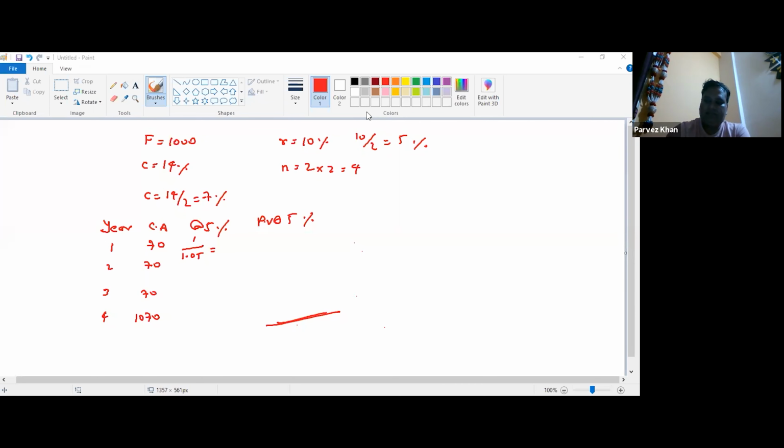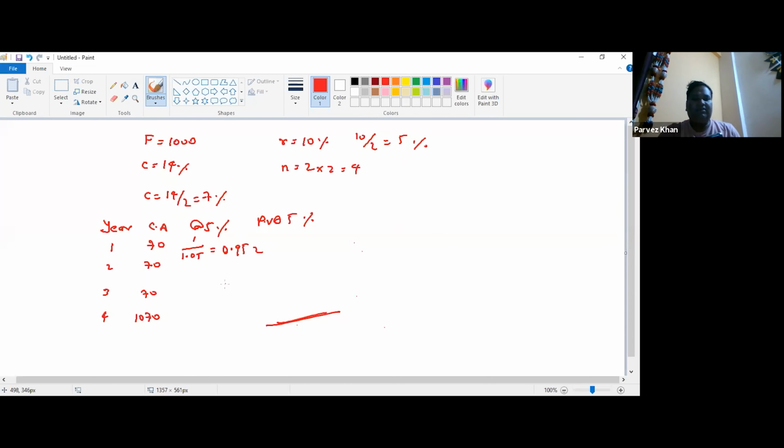Yes, we are getting 1070, sir. I'm not getting that. Somebody will post the solution. Please look into it. Just find out what 1.05 is, then 1 divided by 1.05. It's simple calculation. 1 divided by 1.05 gives 0.952.